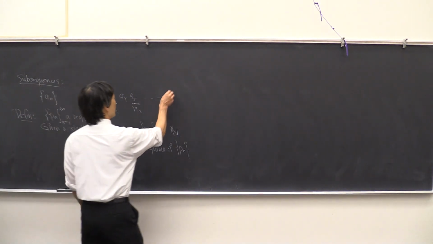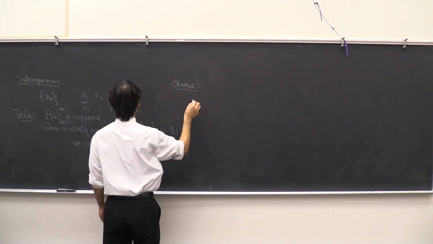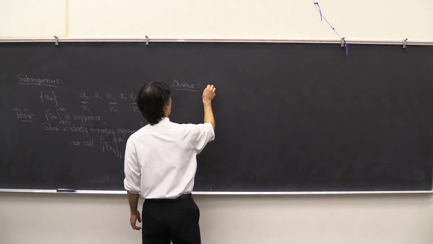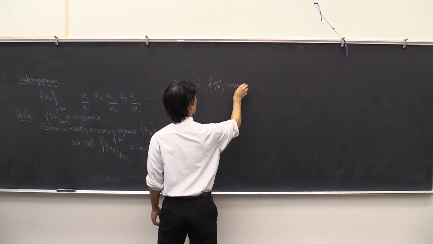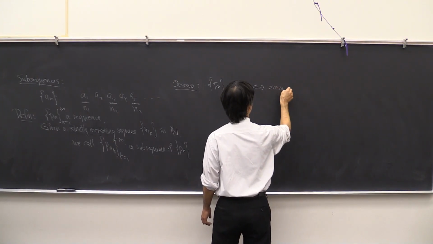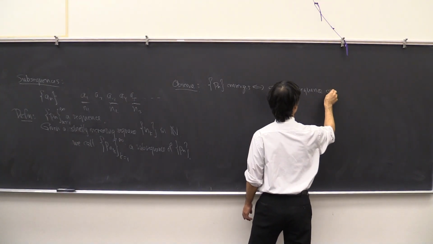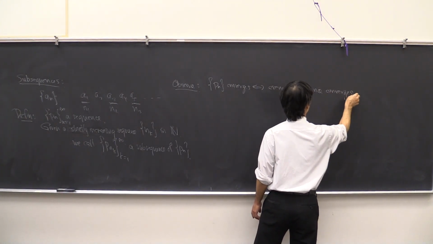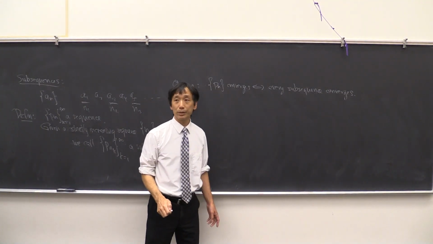Let me start off with a simple observation. P sub n converges if and only if every subsequence converges.